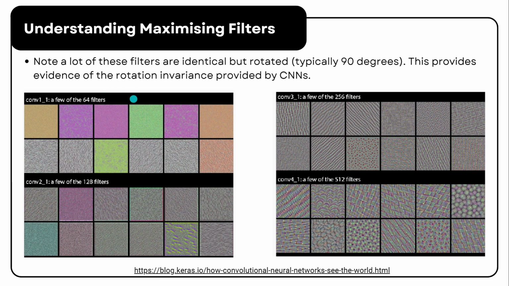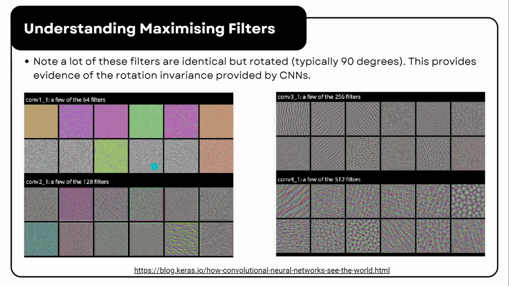This slide provides a summary of filter maximization, showcasing how different filters in convolutional layers respond to specific patterns. You can see that many of these filters are visually similar but often appear rotated, often by 90 degrees.